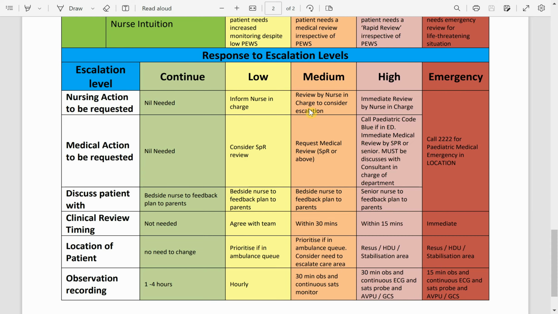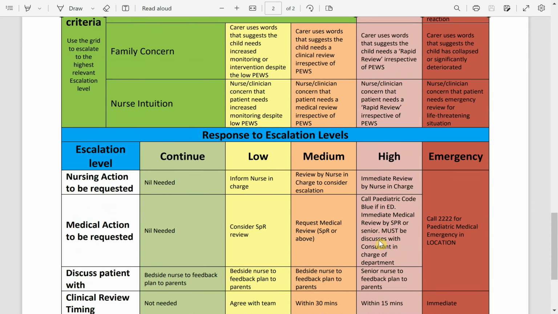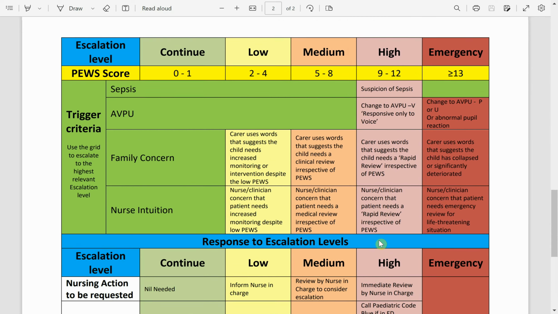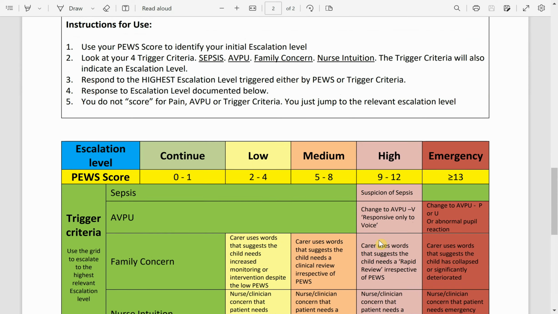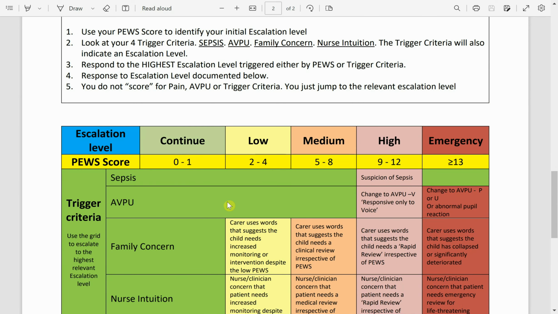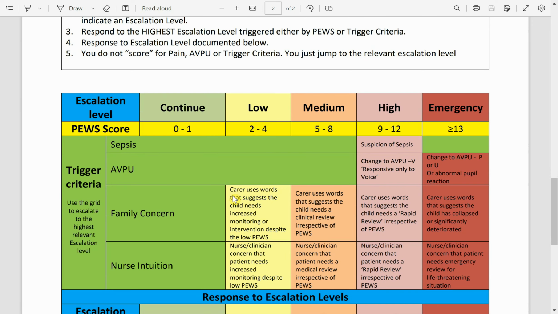These boxes are also for us to highlight that we do have patients who may only score very low on our PEWS charts, may only score a 1 or a 2. However, if we look along our trigger criteria, if we've got concerns that there's been a change to their altered state, for example, they're only responding to our voice, then our PEWS score of 1 gets overridden by our trigger criteria, and as you can see, the green box would push us along to our high escalation.